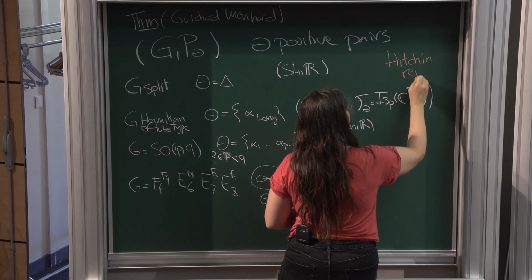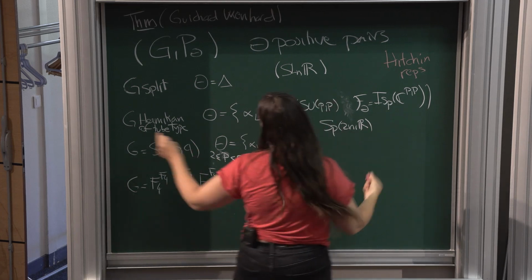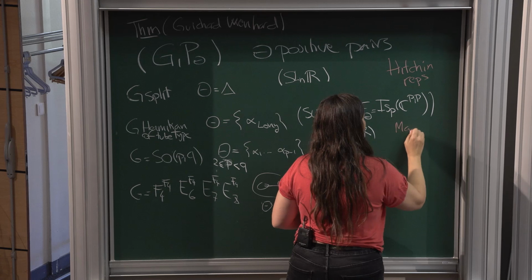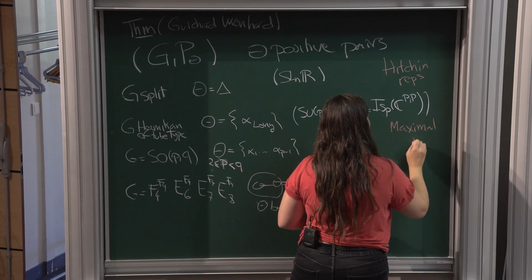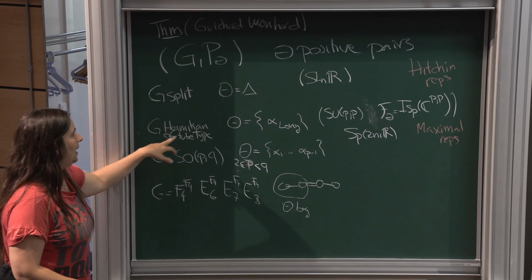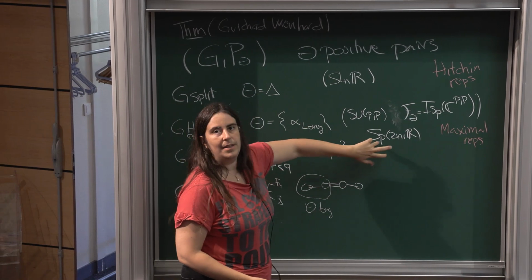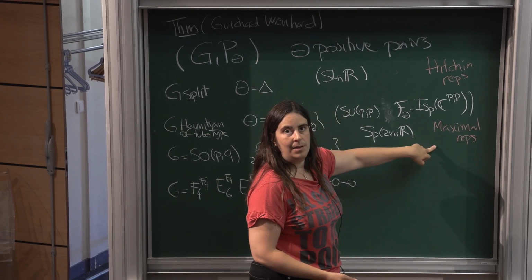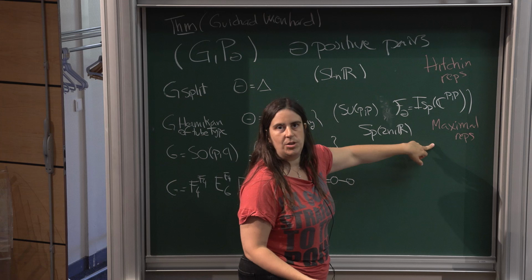And the theta positive representations in the case of groups of Hermitian type are called maximal representations. The others do not have other names. And in SP2NR, that fits in both categories, Hitchin representations are maximal, but there are more maximal representations than Hitchin.